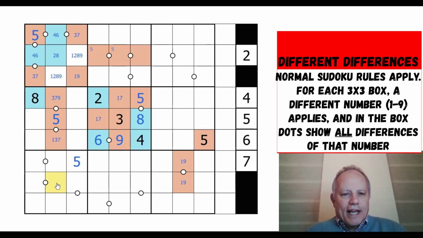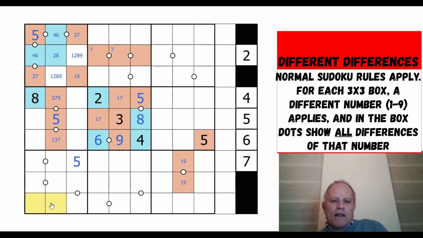A 6 difference, there can be 3 dots in separate dominoes because you can have 1 and 7, 2 and 8, and 3 and 9. But a 5 difference, you would think that was even more free because there were 4 possible combinations: 1 and 6, 2 and 7, 3 and 8, and 4 and 9. But if you were to put 3 of those in these dominoes, then the 4th one would have to appear here and would require a 4th dot in the box.